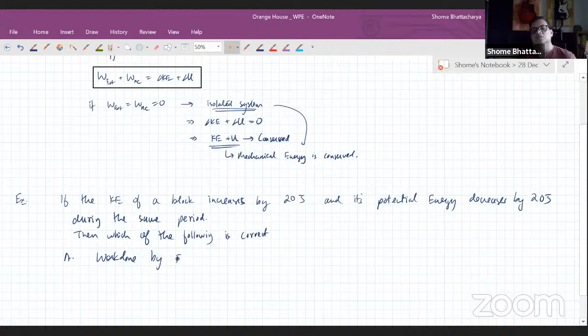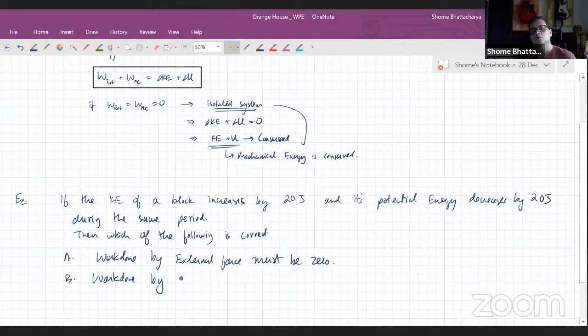Option A: work done by external force must be zero. Option B: work done by non-conservative forces must be 0.